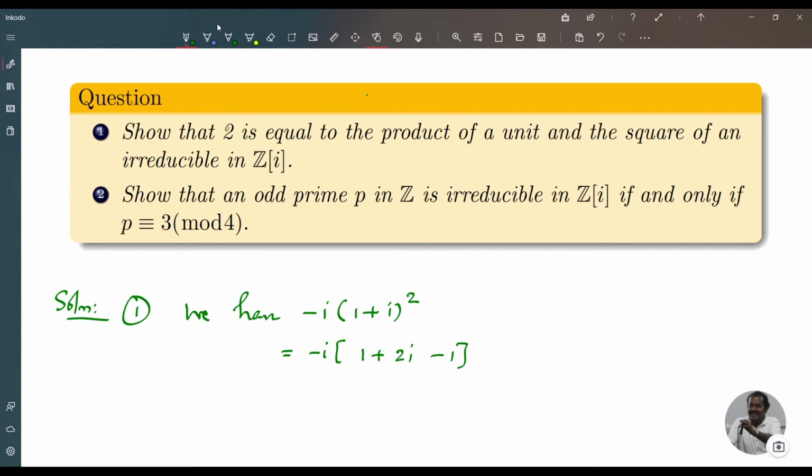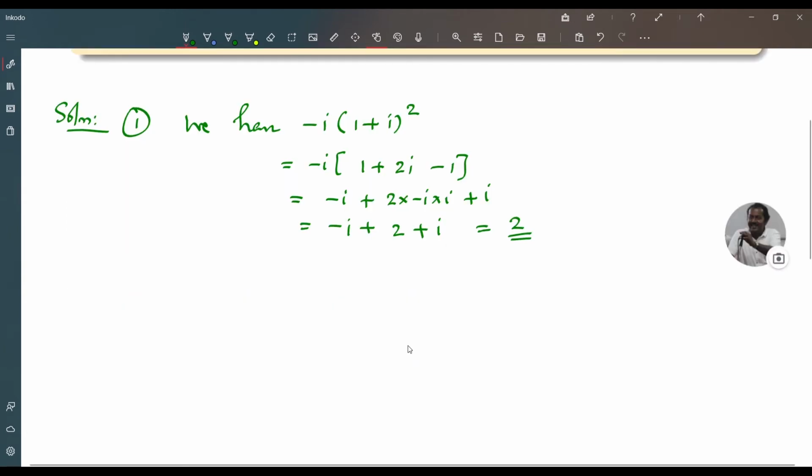So this is minus i times 2i, which is 2. So you can write 2 as minus i times (1 plus i) squared. That is, 2 is equal to minus i times (1 plus i) the whole square.